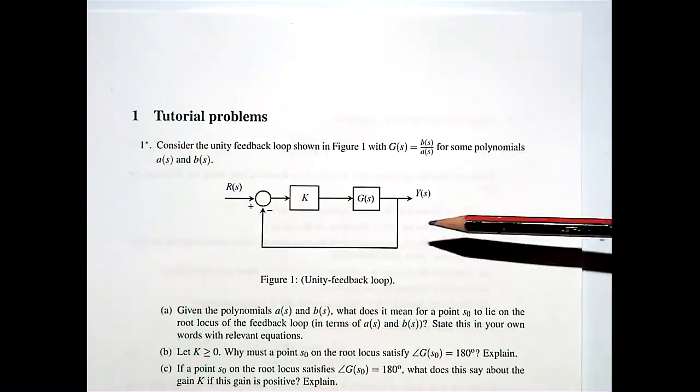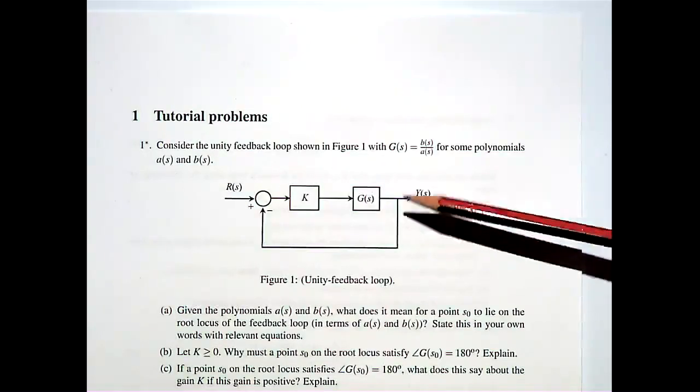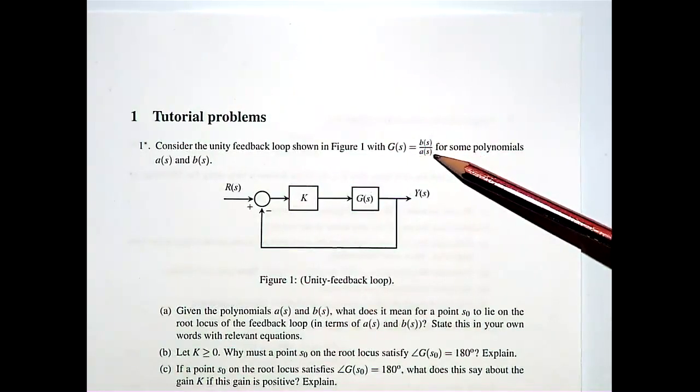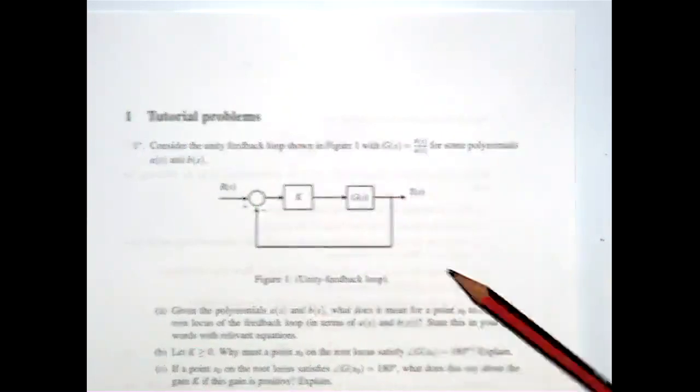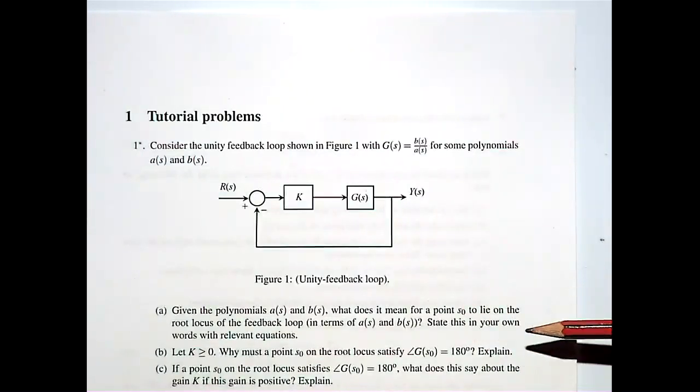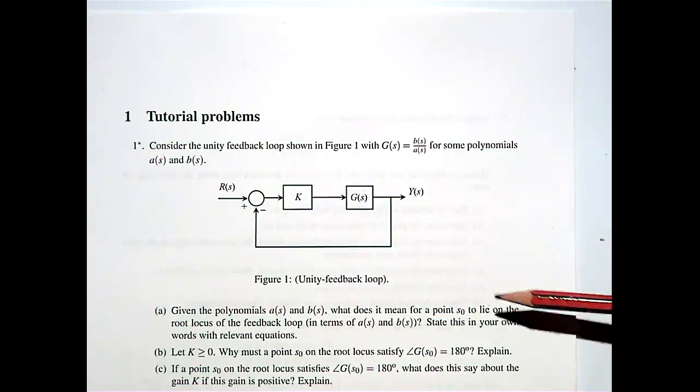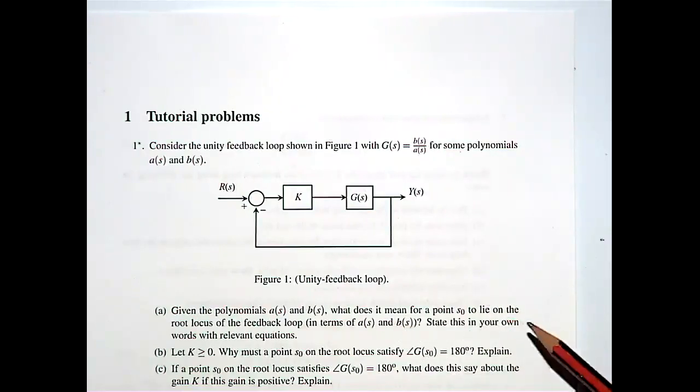It says, consider unity feedback shown in this figure where G(s) is B(s) over A(s) for some polynomials A and B. Given polynomials A and B, what does it mean for a point s0 to lie on the root locus of the feedback loop in terms of A and B? State this in your own words with relevant equations.